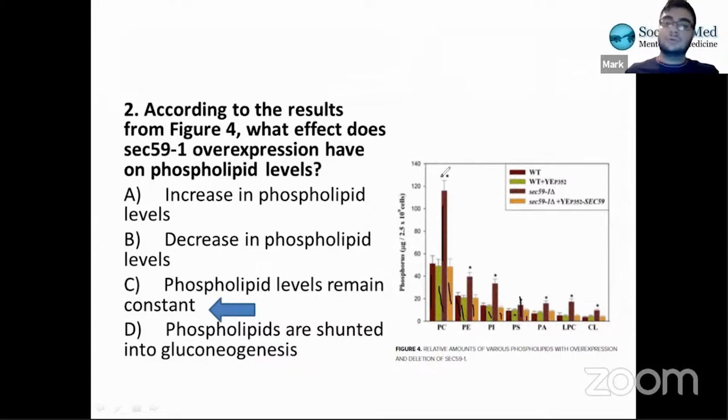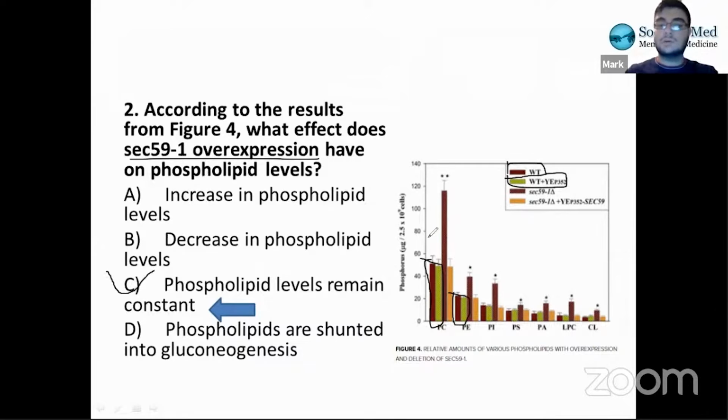Right? So now, what is the question actually asking? What effect does overexpression have on phospholipid levels? We know that overexpression is this green graph versus normal levels is this burgundy graph. Just look at it, these two are the same level here, here, and so on. So phospholipid levels remain constant.